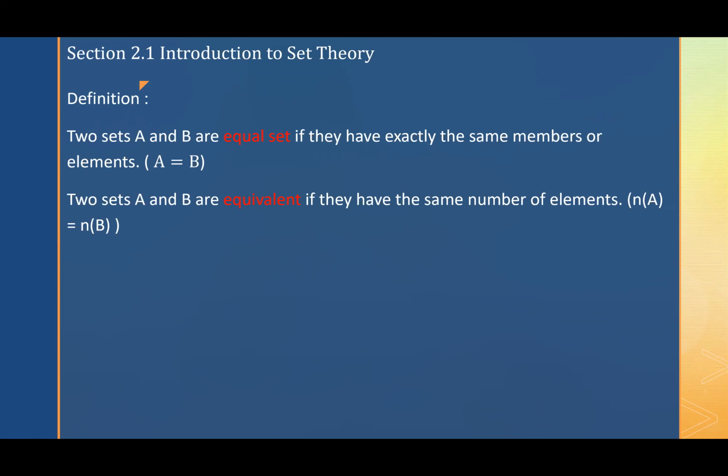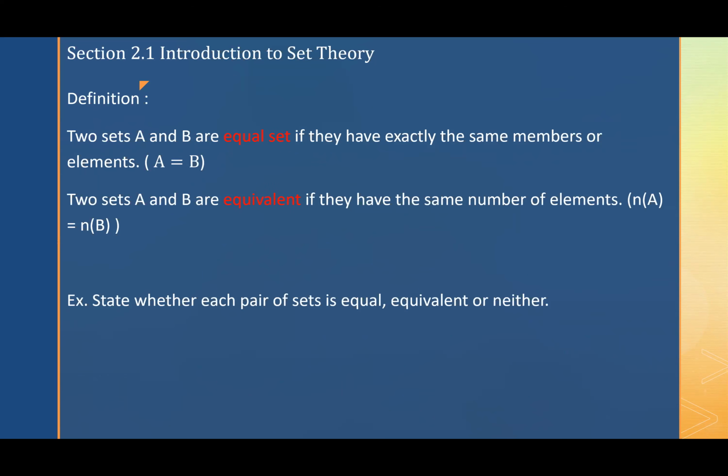But the two sections are not equal because they have two different sets of students, meaning two different groups of students. They are not the exact same students, so they are not equal. They can only be equivalent because they have the same amount of students, okay? So equal is very restrictive. In order to be equal, they have to be exactly the same.